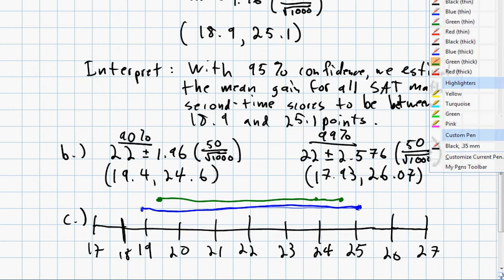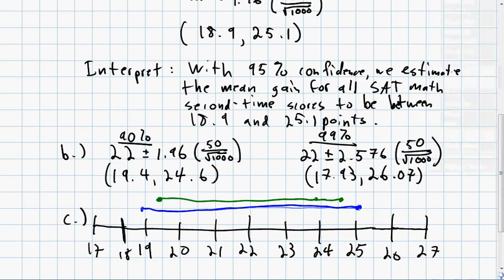And then I'm going to do the 99%, 17.93 to 26.07. So as you notice, the more confident we are, the wider our interval. And that's what they wanted you to answer for part C.